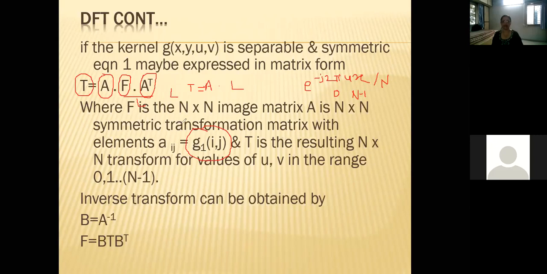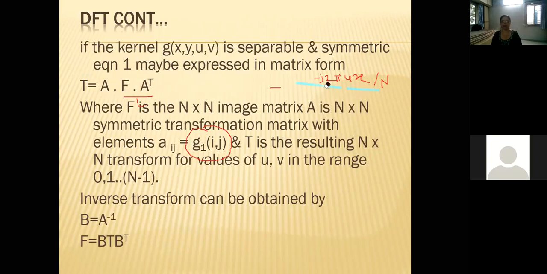So the matrix A is also of size n by n. To create this matrix, we use the forward transformation kernel of the Fourier transform and vary u and x from 0 to n minus 1. We get matrix A of size n by n, which we can call the forward transformation coefficient matrix for the discrete Fourier transform.